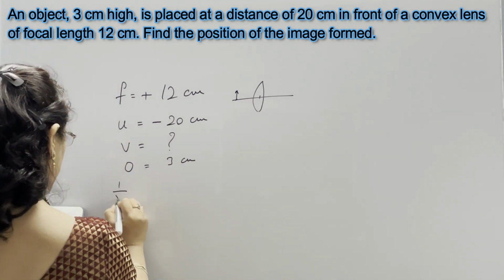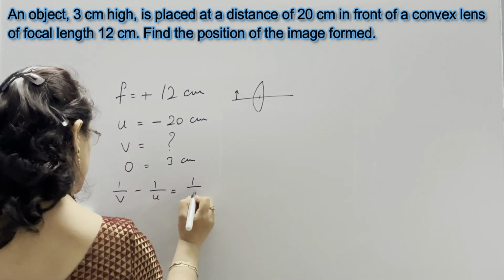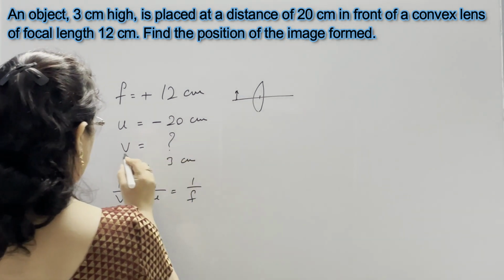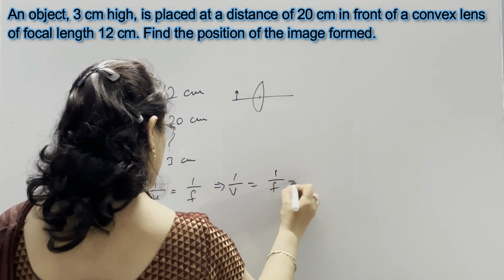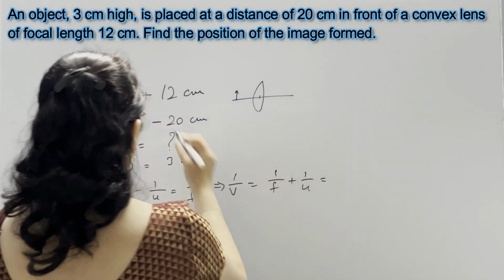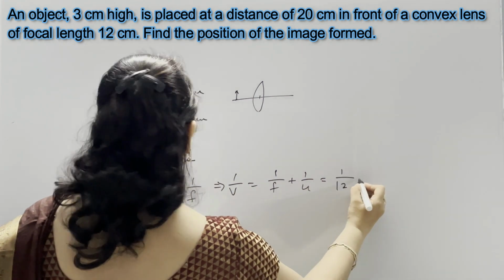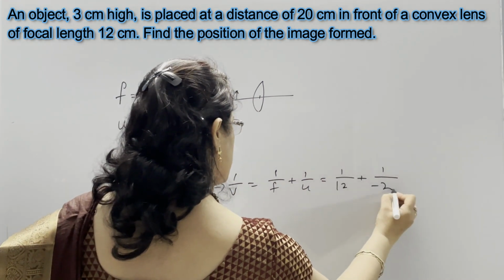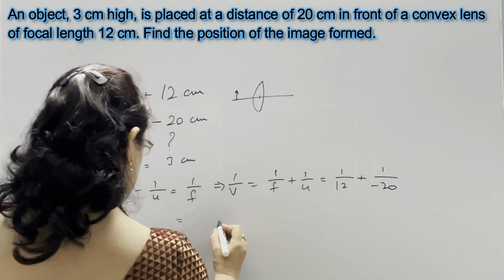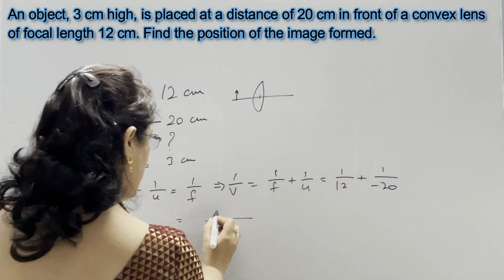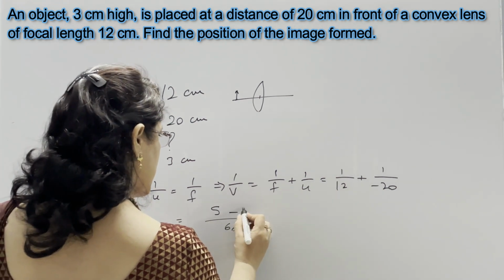Now 1 by v minus 1 by u is equal to 1 by f. We have to calculate the value of v. So 1 by v is equal to 1 by f plus 1 by u. Value of f is 1 upon 12 plus value of u is minus 20. So the LCM of 12 and 20 is 60. 5 minus 3 over 60.